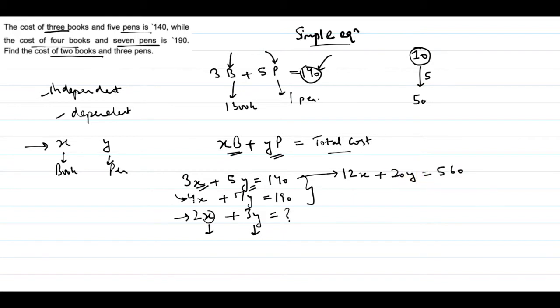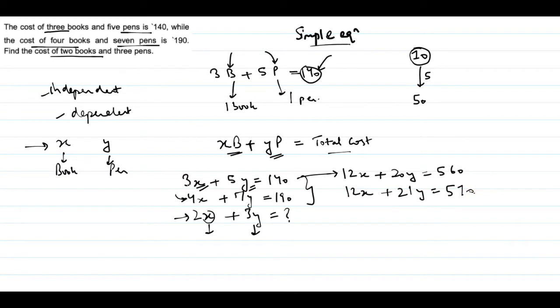Now if I want to eliminate x, what will I multiply the second equation with? I'll multiply it by 3. So I get 12x plus 21y equal to 570.